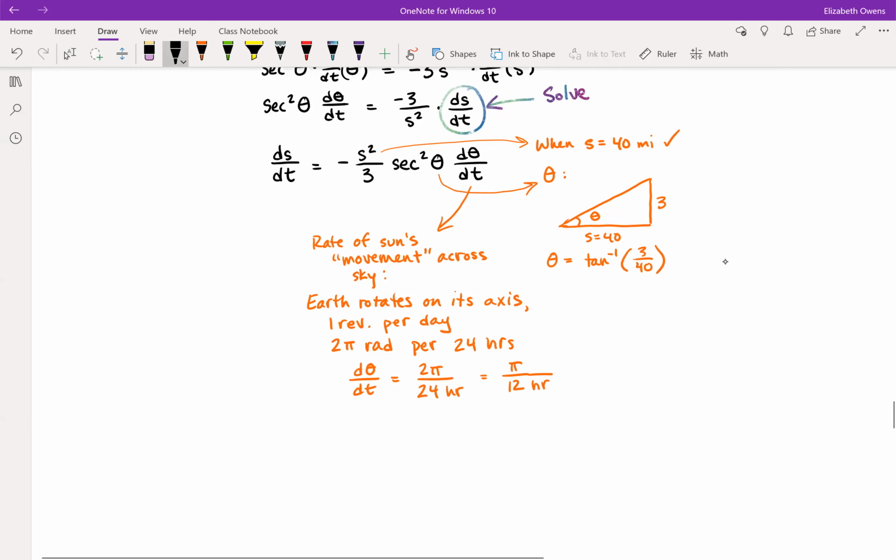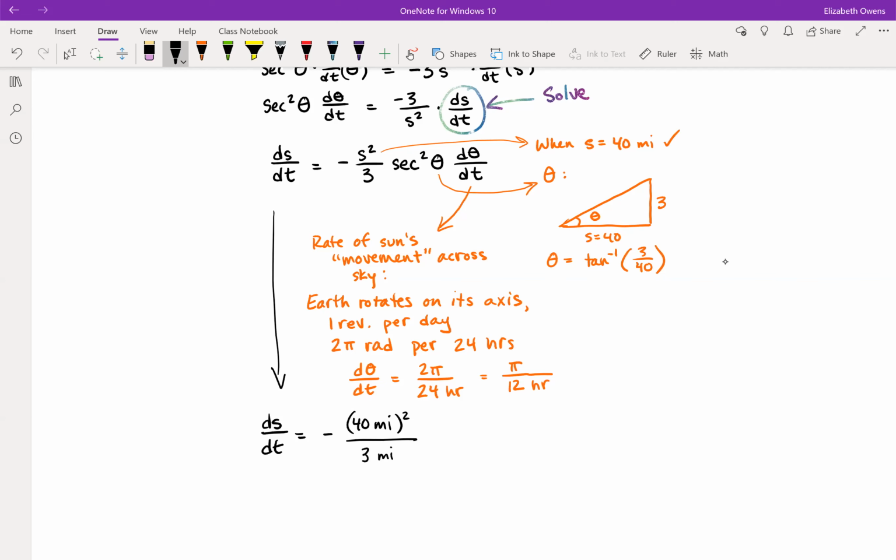Okay. So now that we've gotten values here, we're going to plug them in. ds dt equals negative s, which is 40 miles, squared over the 3 miles for the height of the mountain. There we go.